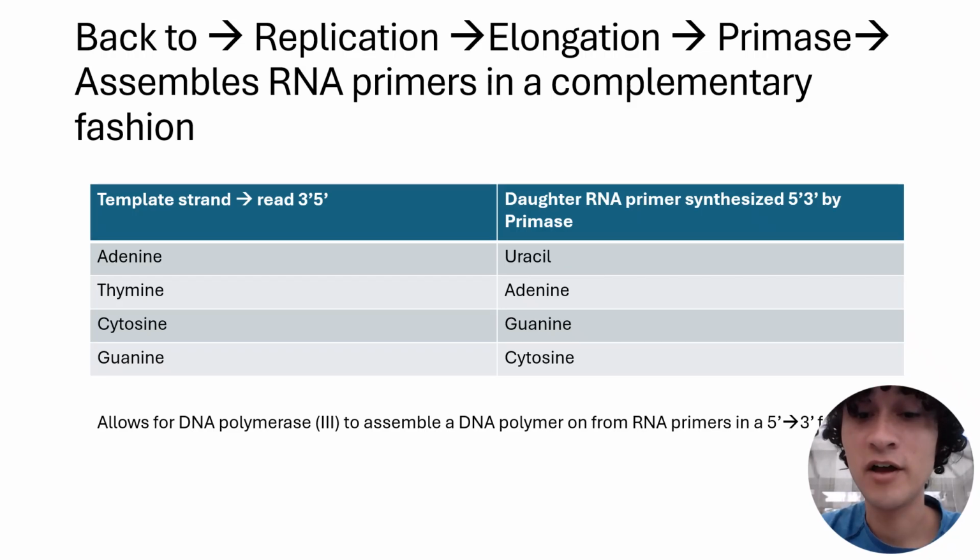Now, if it's reading thymine on the parent template strand, there's going to be adenine on the corresponding RNA primer. If there's cytosine on that parent template strand, then guanine is going to be that corresponding ribonucleotide on the RNA primer. And then similarly, if guanine is on that parent template strand, then cytosine will be on that RNA primer.